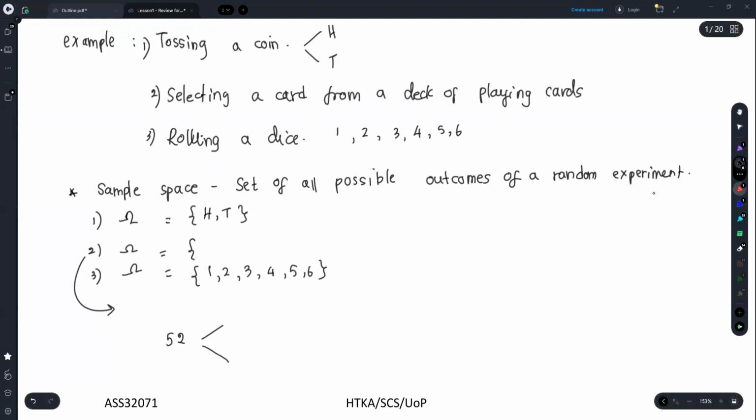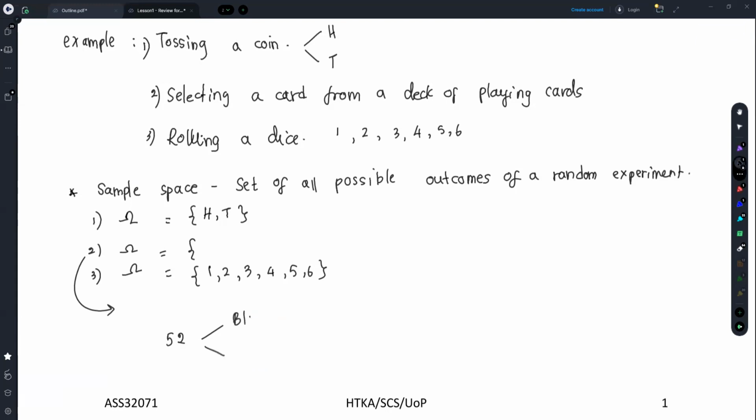They can be either red or blue. How many from red and how many from blue? Not blue, black, sorry. I used the blue color, so sorry.